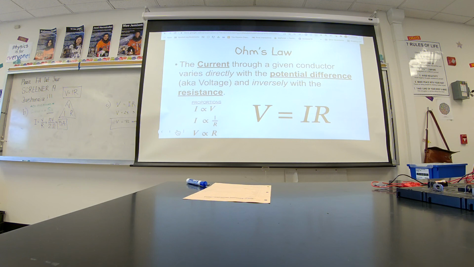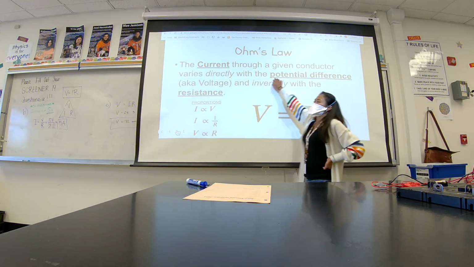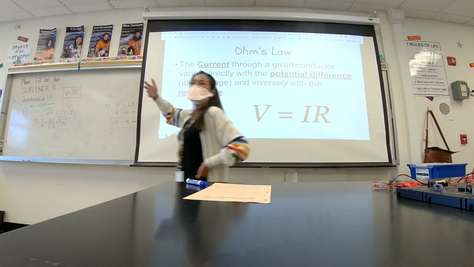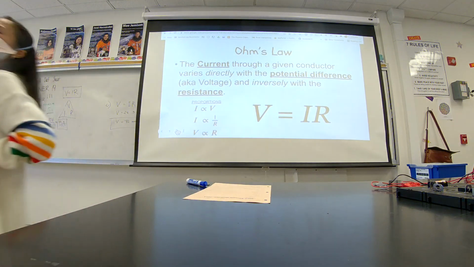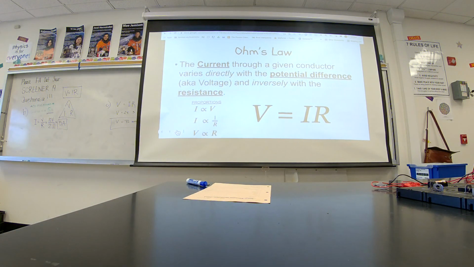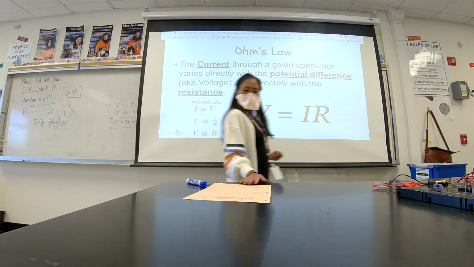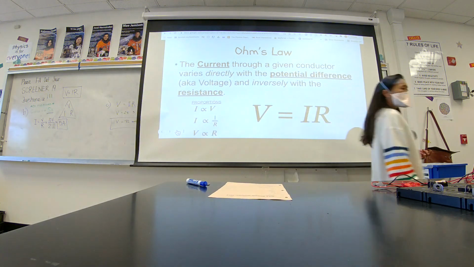Obviously, V stands for voltage. I want you to also memorize that voltage can be represented, or another term I use to talk about voltage, is potential difference. So you want to know that I interchange those two terms pretty frequently.